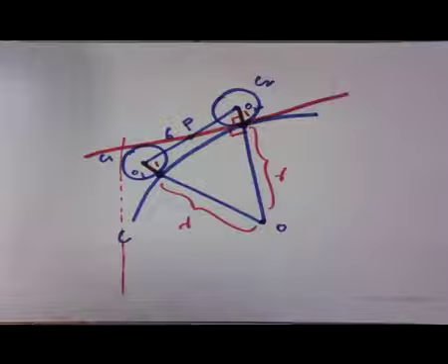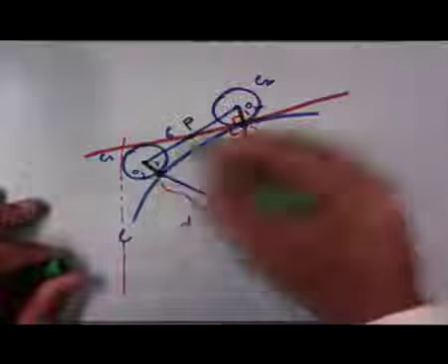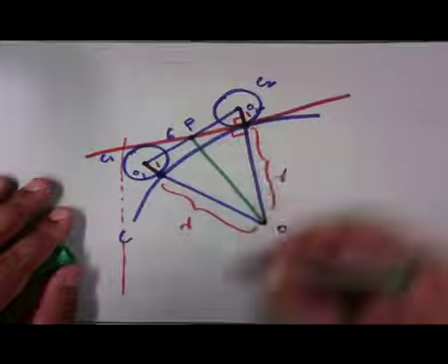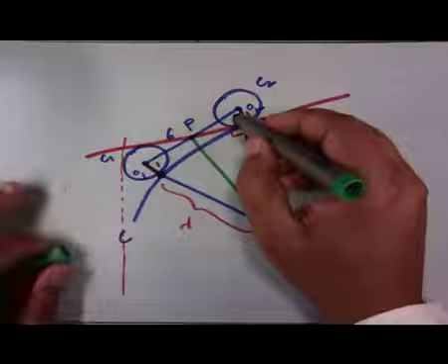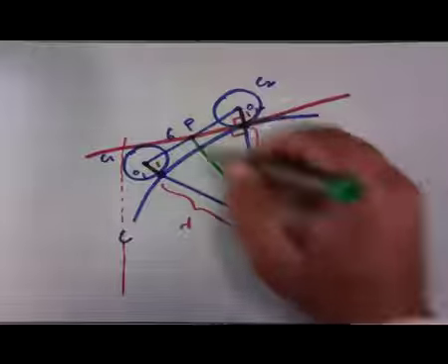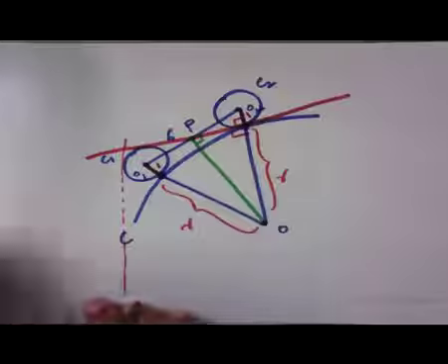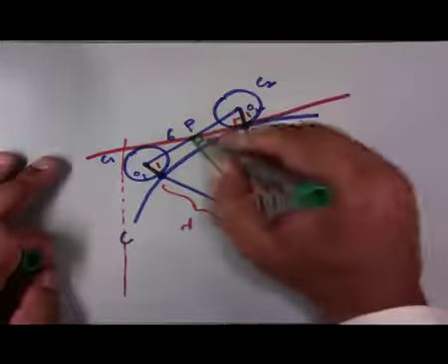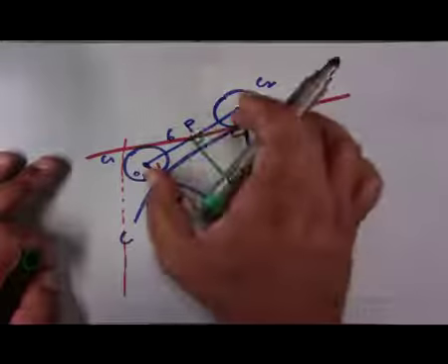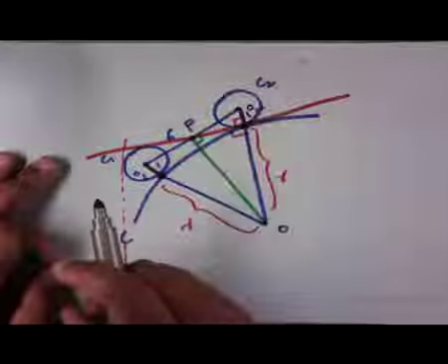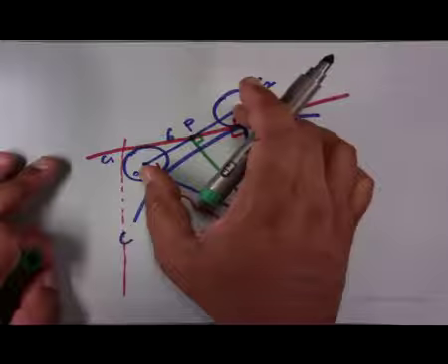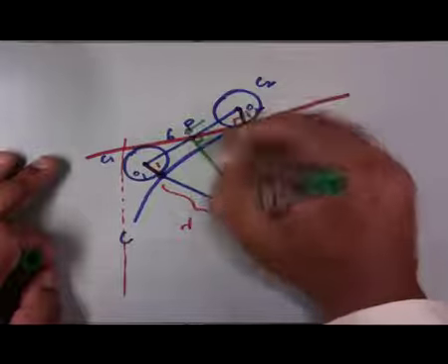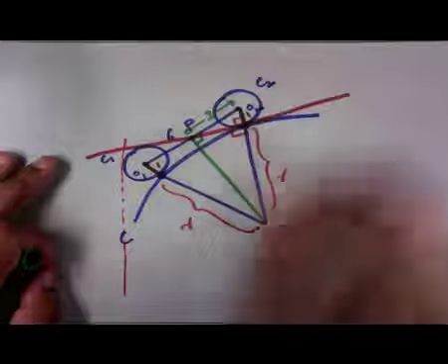Hence, since P is the midpoint of this side O1 O2, if we connect P and O, it is clear that the angle O2 PO will be 90 degrees. Now, we know that since P is the midpoint of O1 O2 and the length of O1 O2 is 6 units, it is clear that O2P is equal to 3 units.